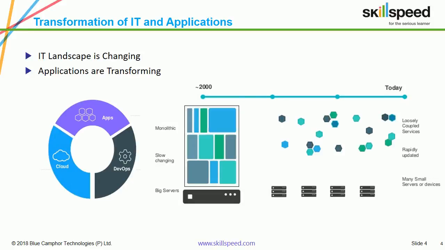Traditionally it used to be a monolithic approach which used to be taken, and the main approach was that the application was thought of as a single unit and everything was being developed together just like that, which was very tightly coupled. The major disadvantages were that the changes were very slow to be implemented. Big servers and like mainframes were needed.